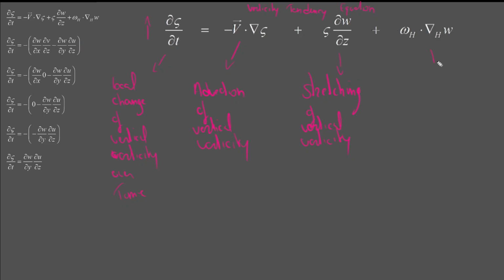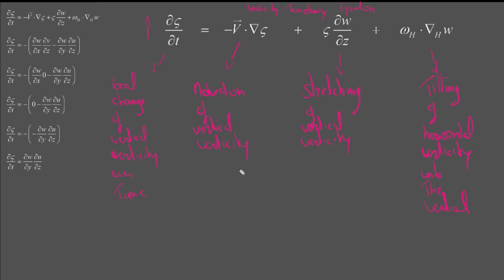And this one is called tilting of horizontal, omega sub h, of horizontal vorticity into the vertical sense, because you want vertical vorticity.